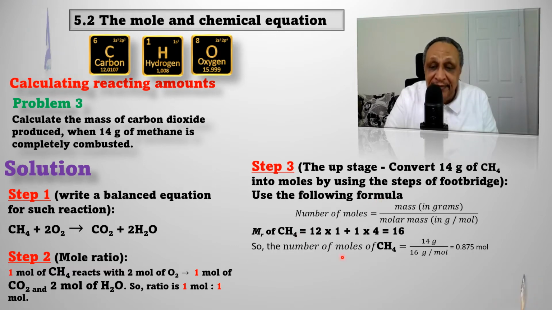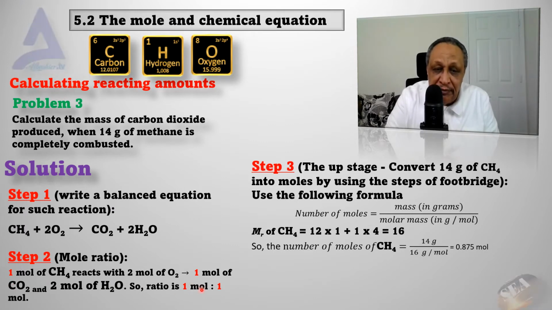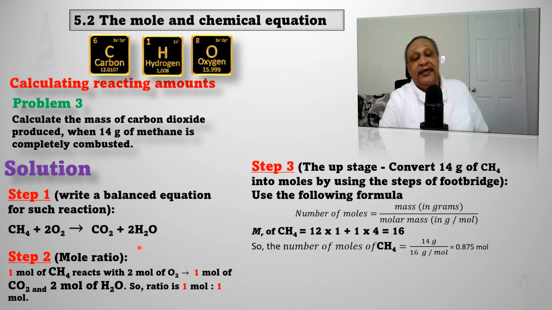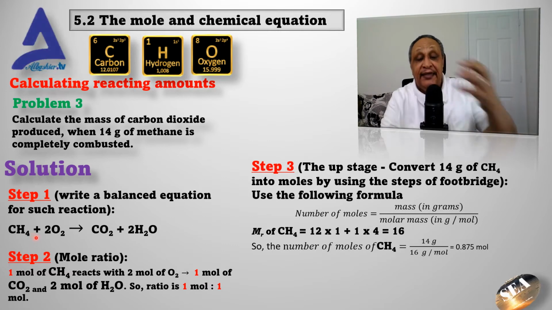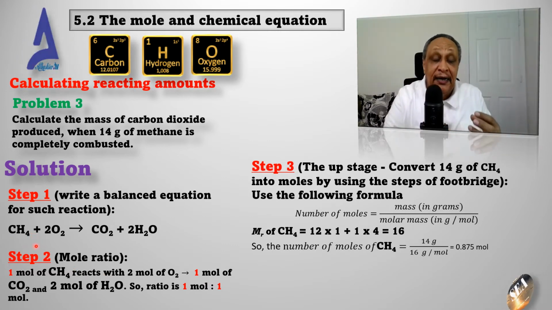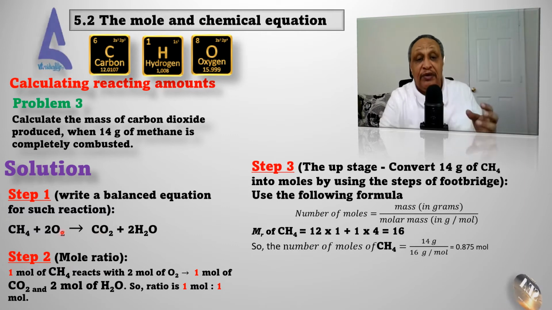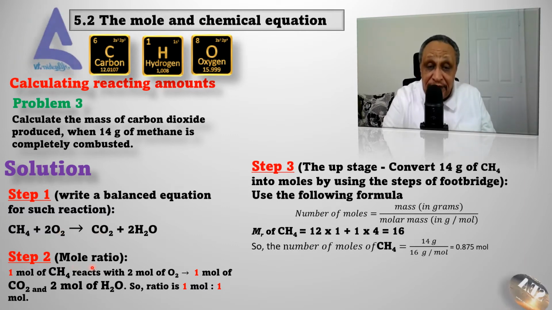The same thing that we have already done: write the equation, and come out with the proper ratio based on the equation. Don't bring something and then bring another thing which is different. The ratio should be symbolic of your equation here.